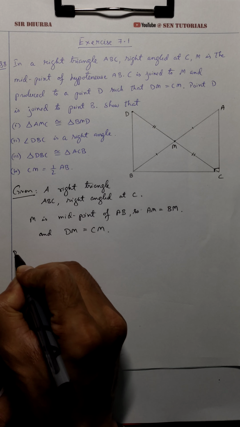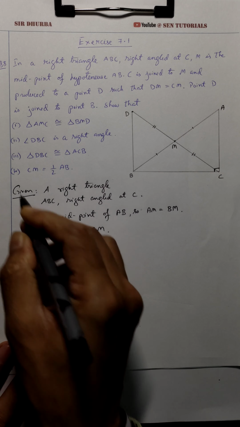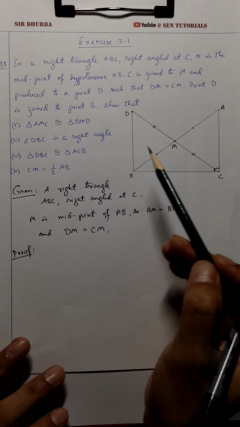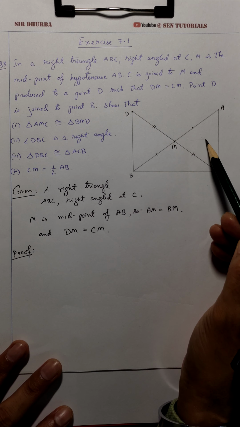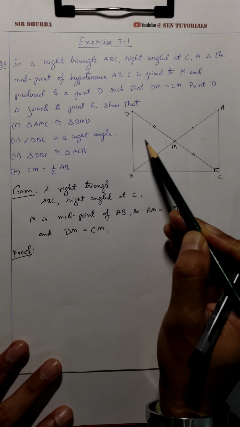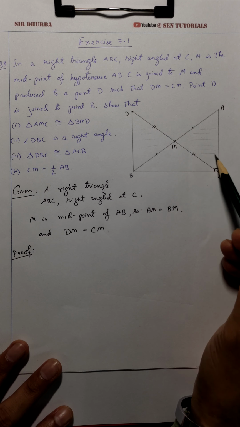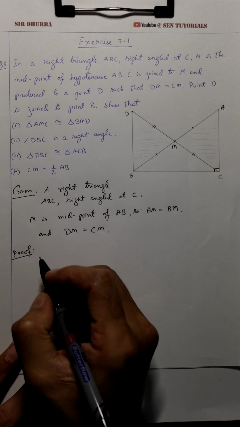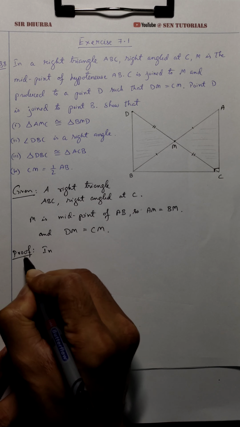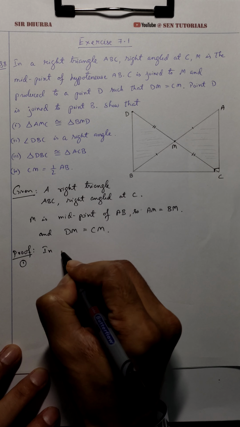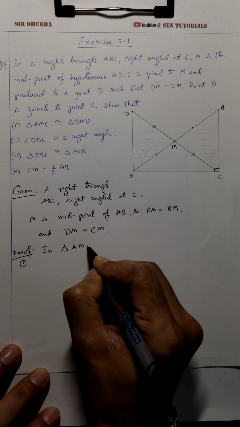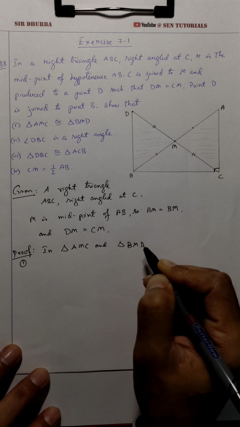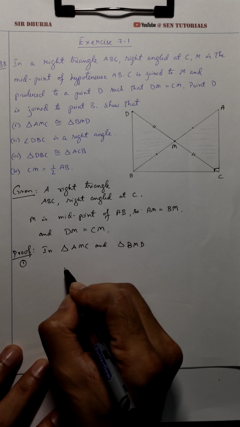Okay, let's just go for the proof. So the first one is to prove that triangle AMC is congruent to BMD. That's not going to be a very difficult thing to prove. Everything is there. So let's say number 1. In triangle AMC and triangle BMD, already given AM is equal to BM.